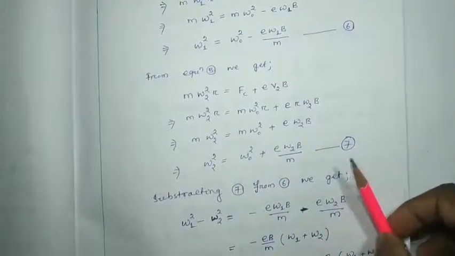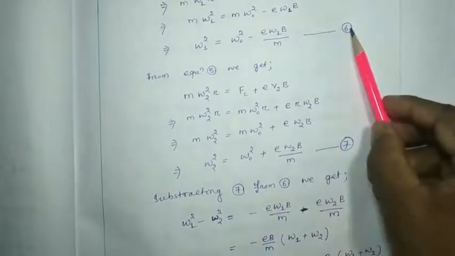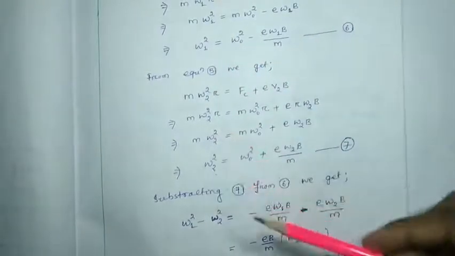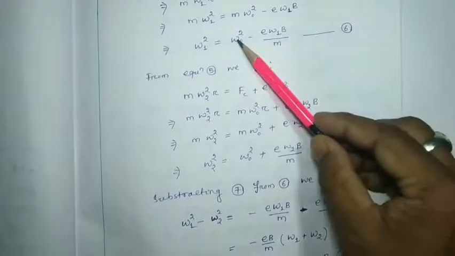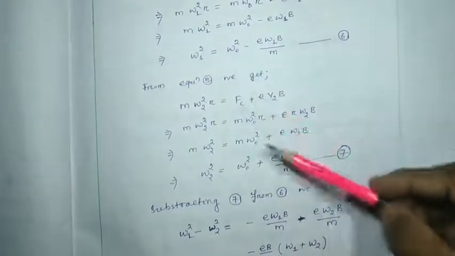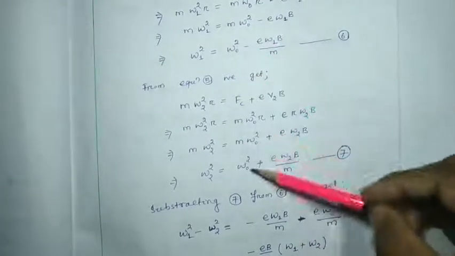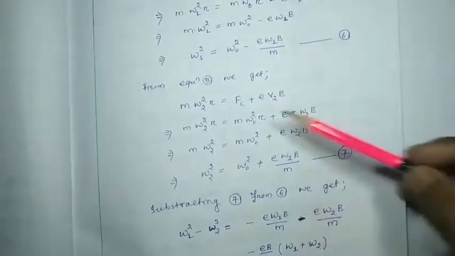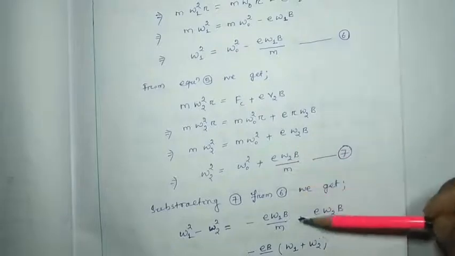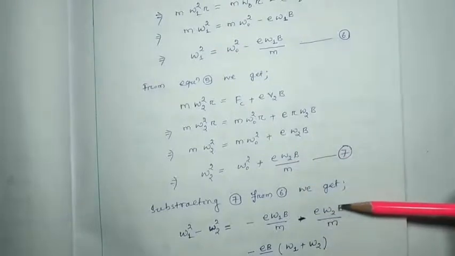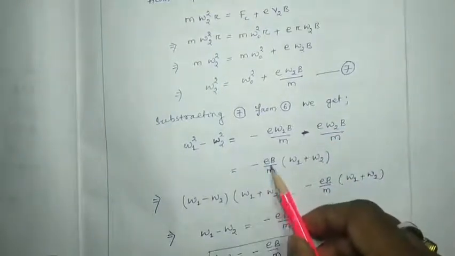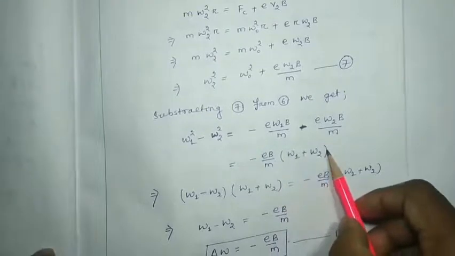Now we have to subtract 7 from 6. What are we going to get? Omega1 square minus omega2 square will be equal to, omega0 square and omega0 square are going to cancel out. So here we find minus e omega1 B by m. This will also be minus e omega2 B by m. Now take common from both the terms, minus e B by m, we find omega1 plus omega2.